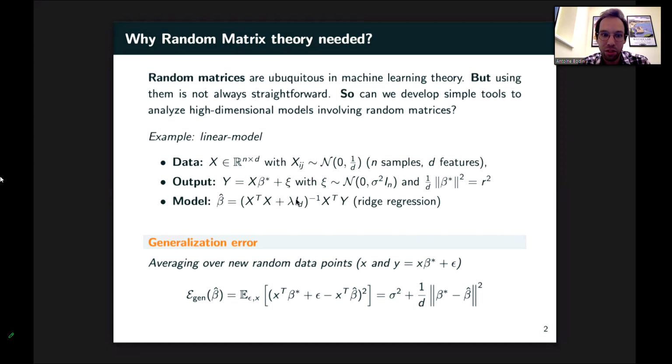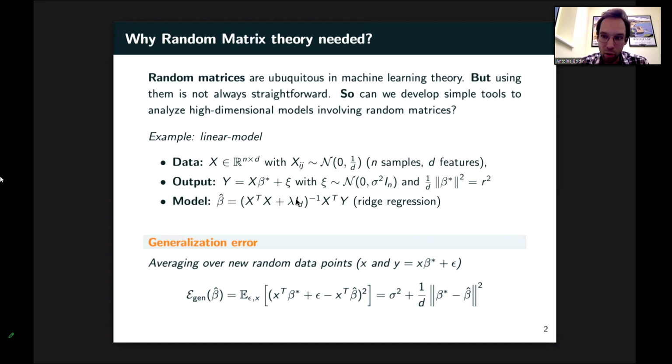If we consider a linear model with a data matrix X of n samples and dimension D, then you scale the variance of the elements of X as 1 over D to make sure that everything scales properly when D goes to infinity.